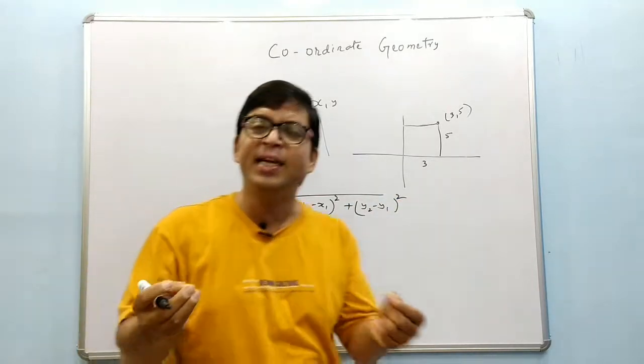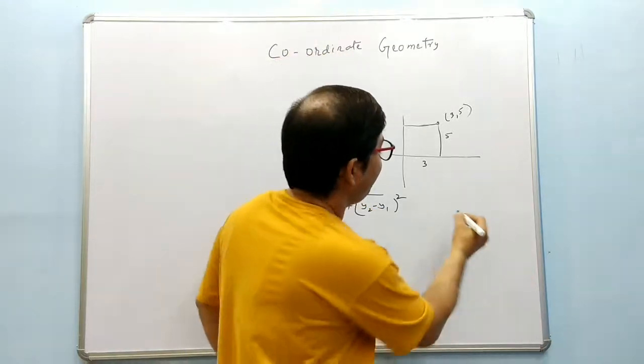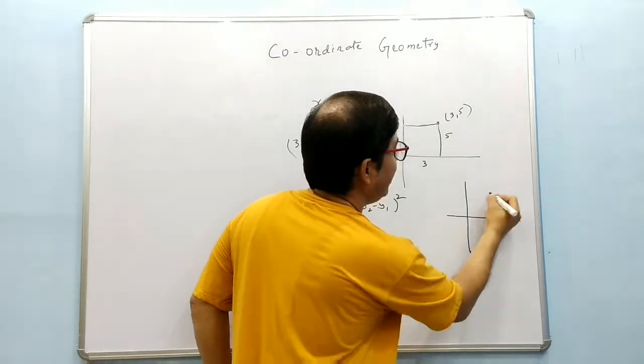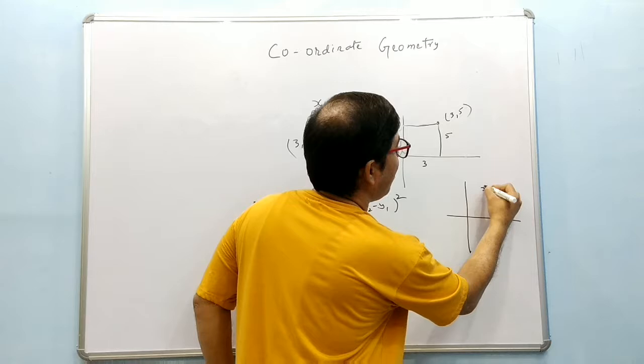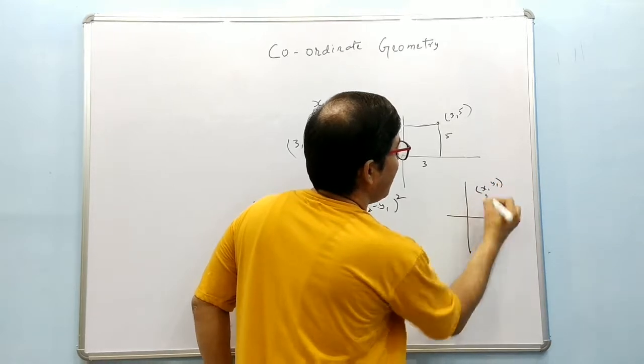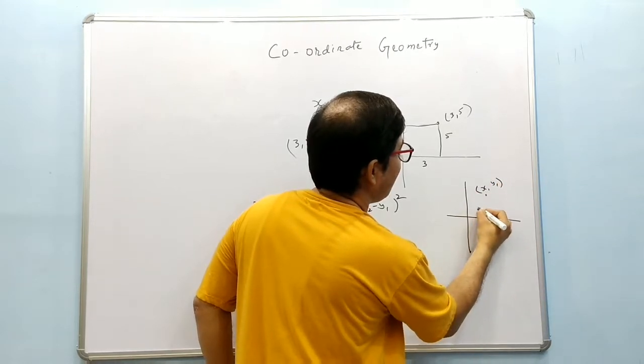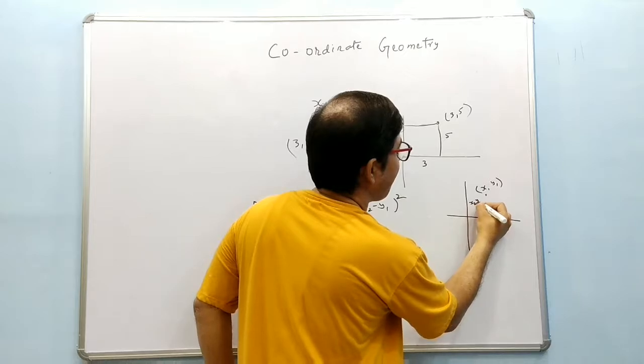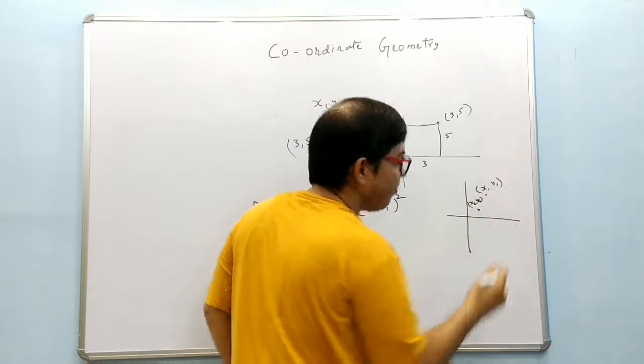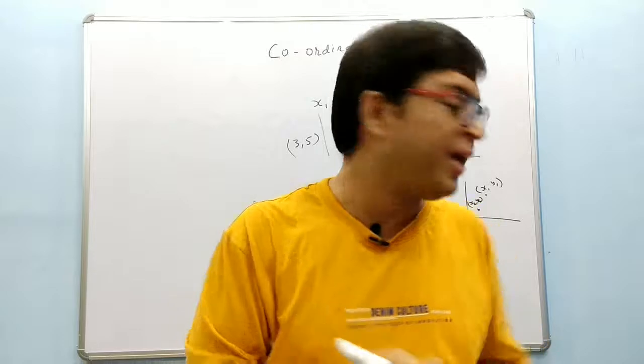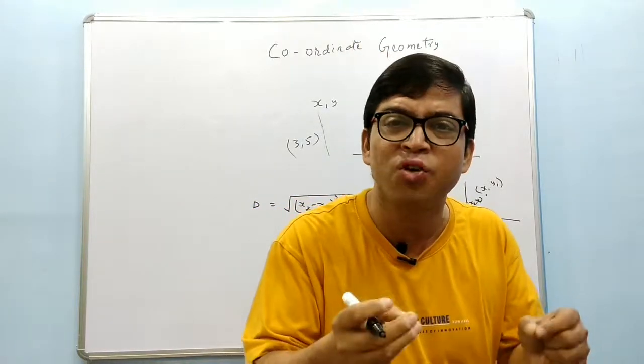You can easily derive this formula if you plot the points x1, y1 and another point x2, y2. By geometrical drawing you can get it by the Pythagoras theorem.